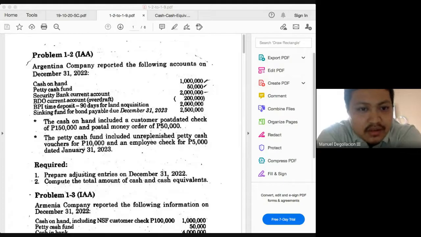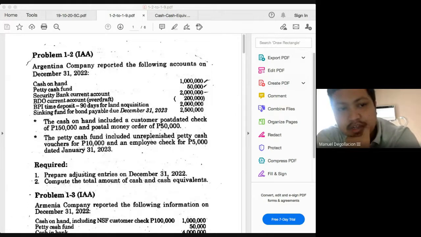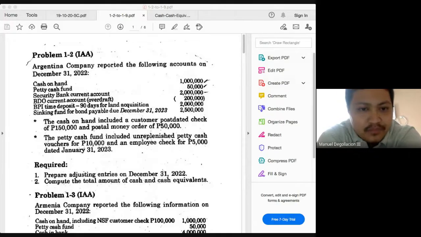there is 15,000 pesos that is included in our petty cash fund that no longer represents actual cash. So that being the case, it would be wrong for us to report petty cash fund at 50,000 because the actual remaining cash in our petty cash fund would only be 35,000. 35,000 is your 50,000 minus 10,000 and 5,000.